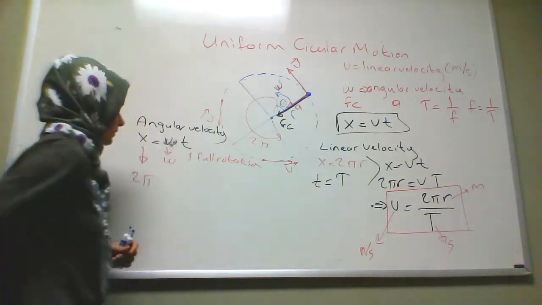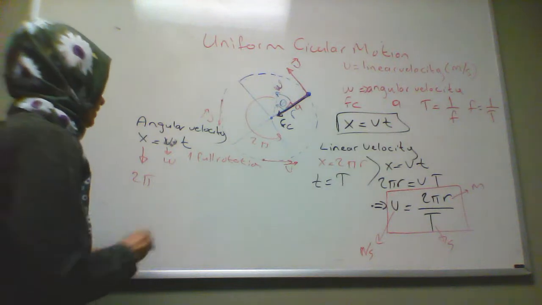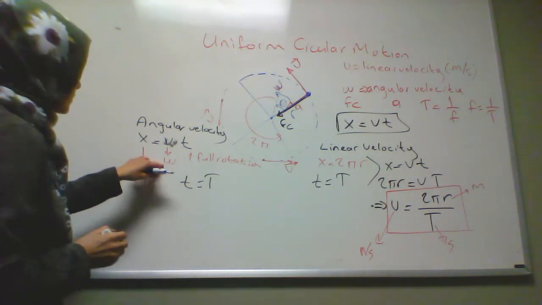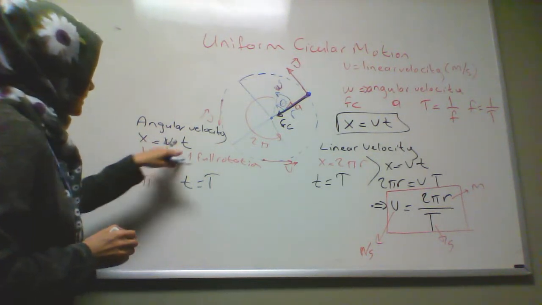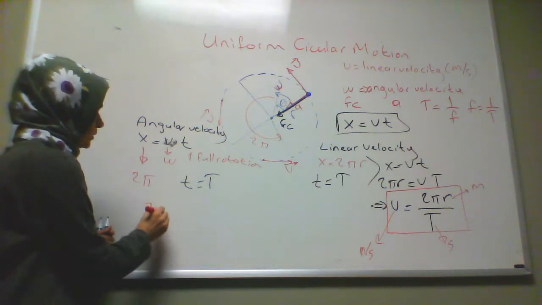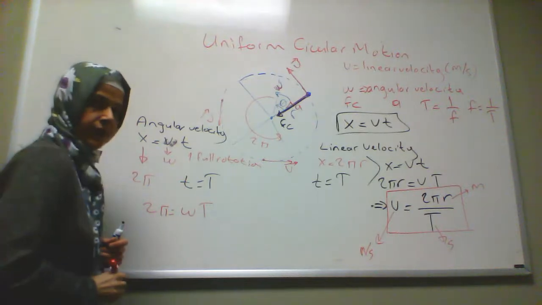And here as well, we'll do one full rotation. So again, we have one full rotation and time is equal to period, so t is equal to large T. Entering all these values, omega for v, 2 pi for x, and large T for time, we will have 2 pi is equal to omega times period.